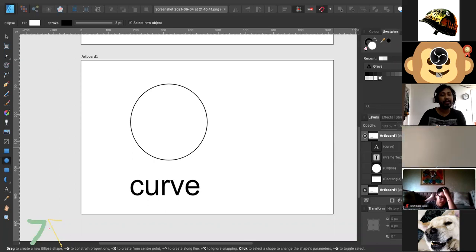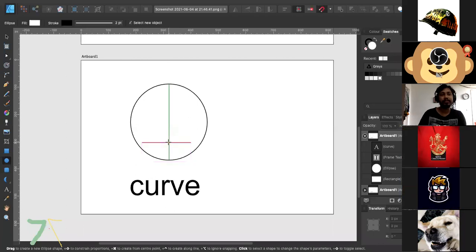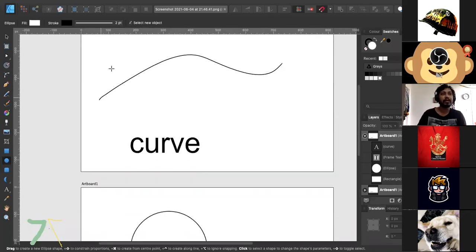Can I call this a curve? Yes. So it's a curve, and is it a closed curve or an open curve? It's a closed curve, because the lines are joining. So this is an open curve, because the lines are not joining.